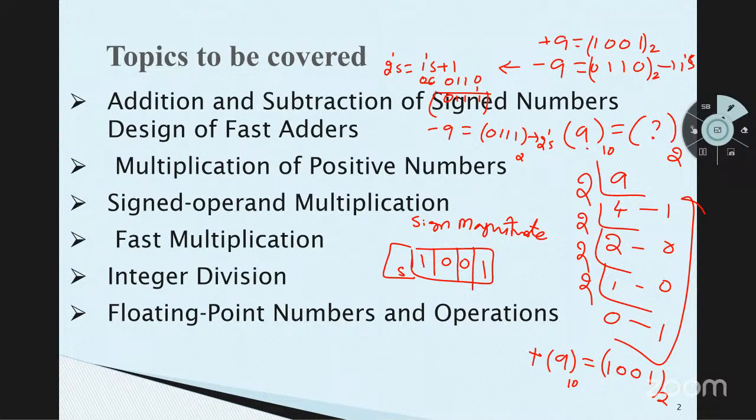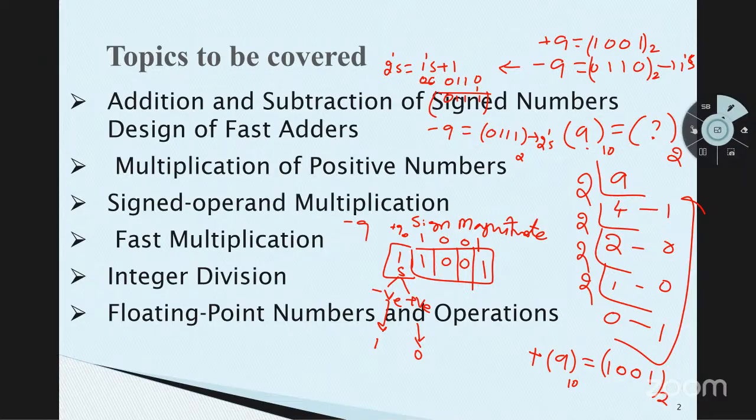For negative numbers this position is 1. For positive numbers this position we place 0. So now minus 9 is 1, 1, 0, 0, 1. For plus 9, it is 0, 1, 0, 0, 1.